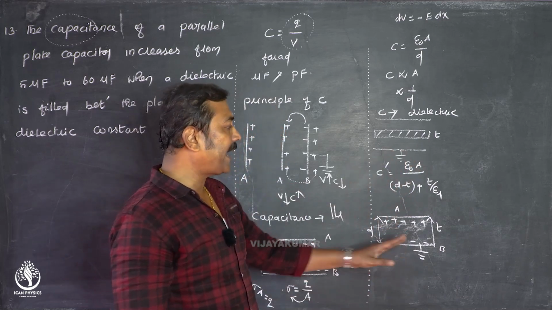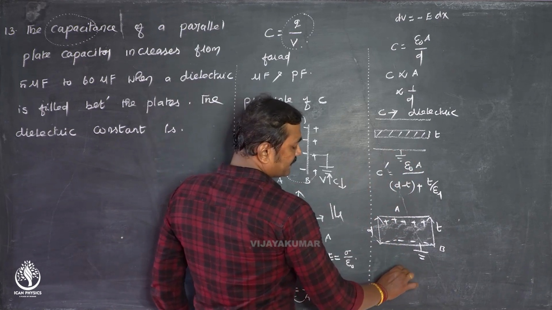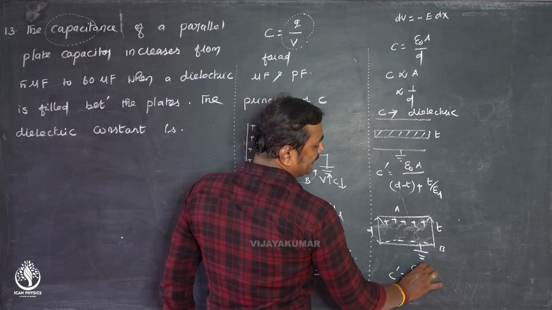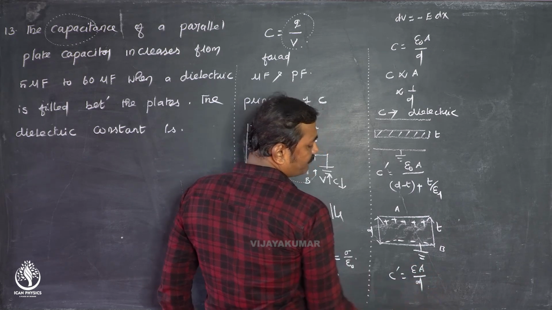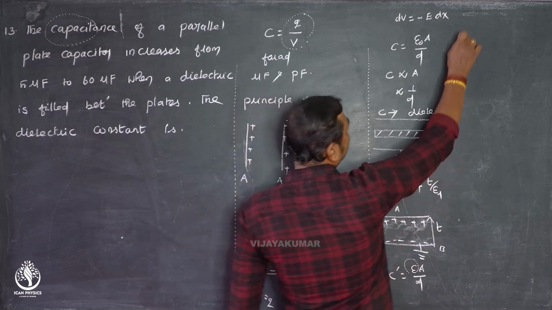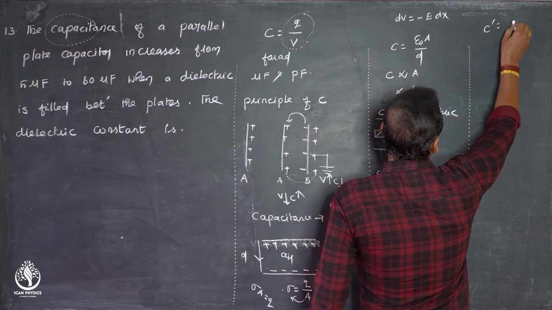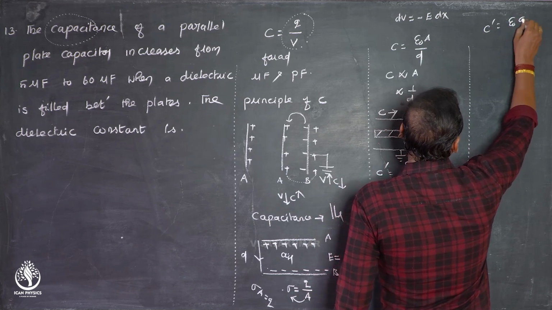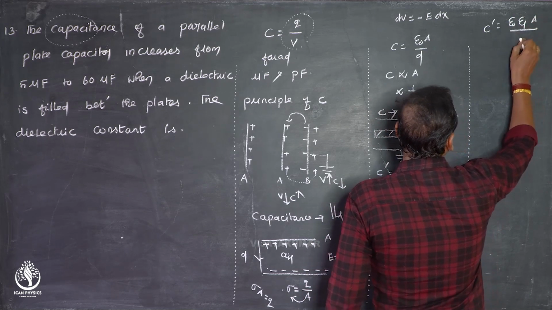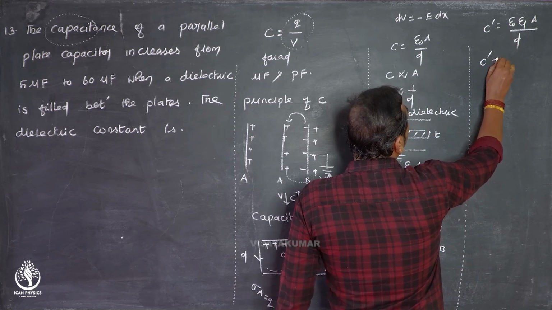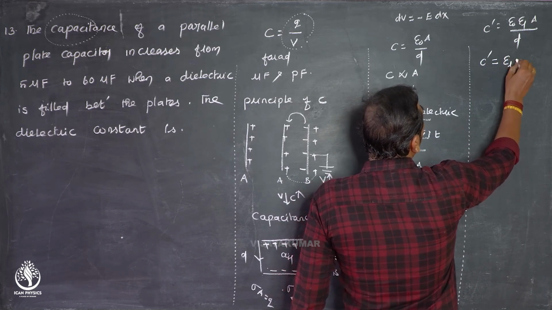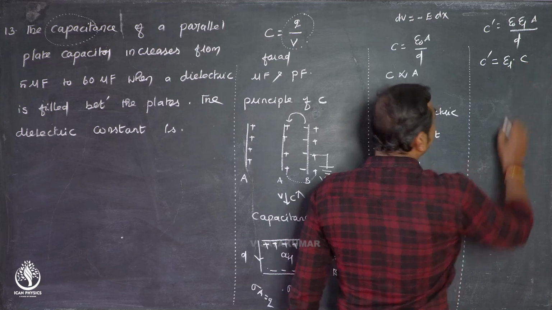So now what happened? The capacitance is equal to epsilon A by D. Instead of epsilon, we can substitute epsilon 0 epsilon R, so C dash equal to epsilon 0 epsilon R A by D. So that it becomes C dash equal to epsilon R times C.